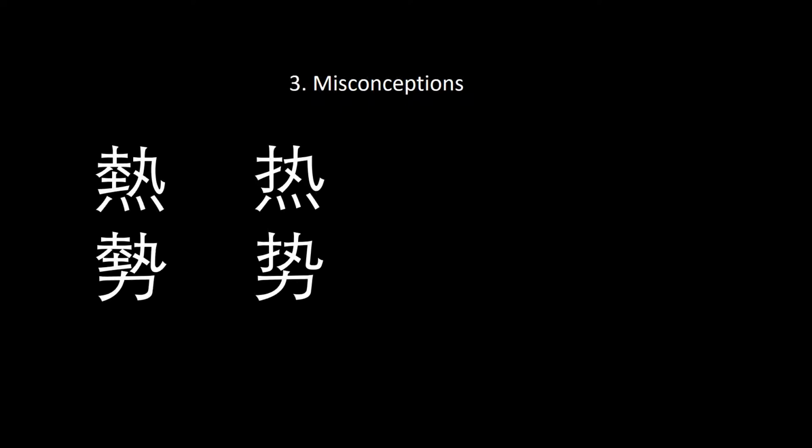You'll notice that both of them have this component, and both of them are subsequently simplified in the same manner. So you may infer that the traditional form or the simplified form of this component must be the other one, which means that these two must be related. But actually it's not.